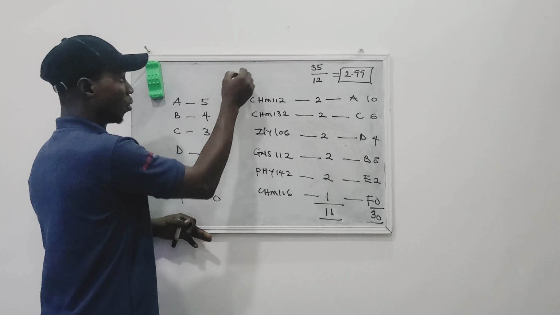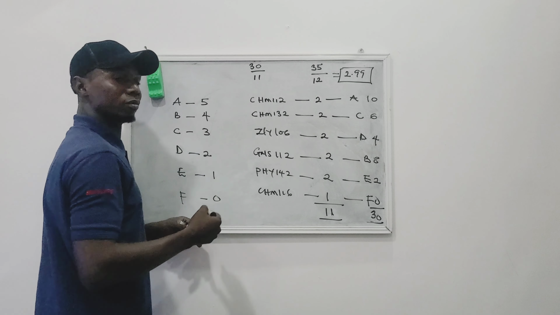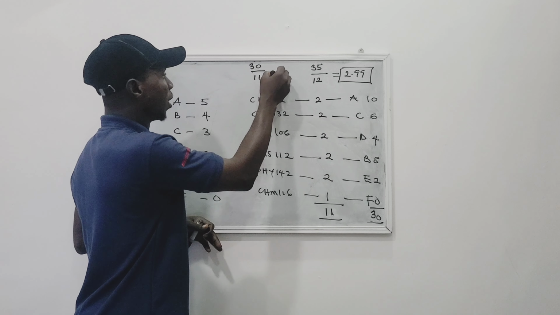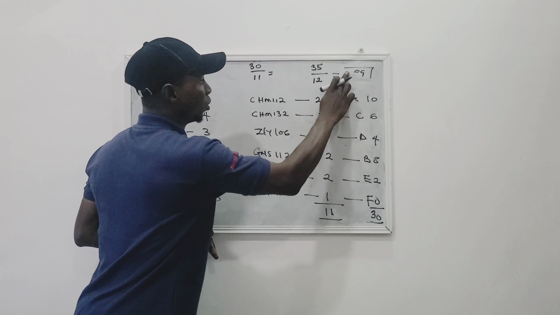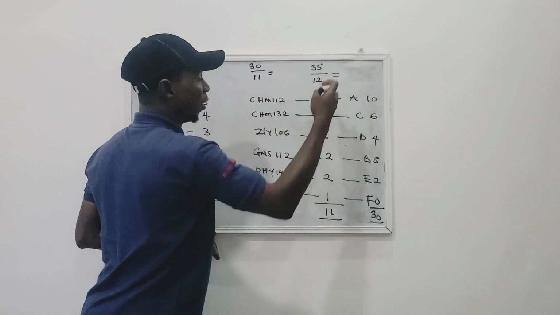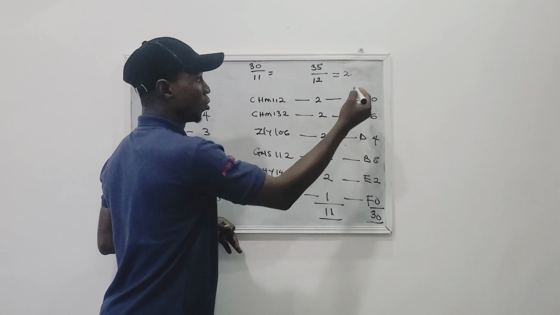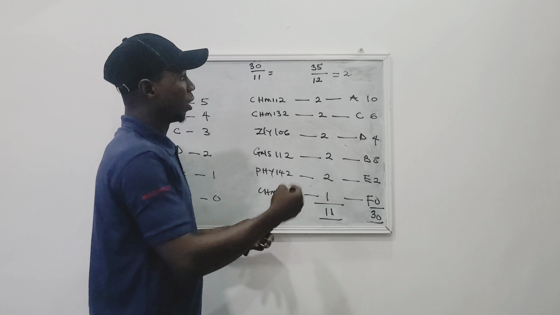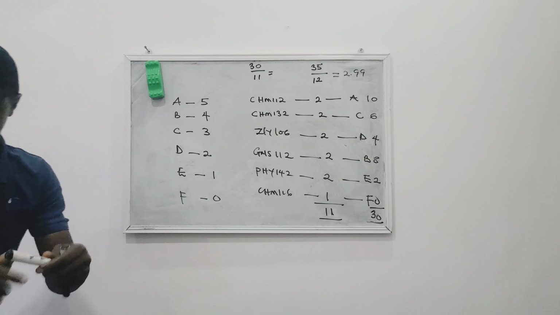So you have to just do that one again, that 30 divided by 11. That will give you, I don't know, let's say, I want to represent this because I don't want to be using a random figure. Let's say this is 2.9, my calculator is not working.